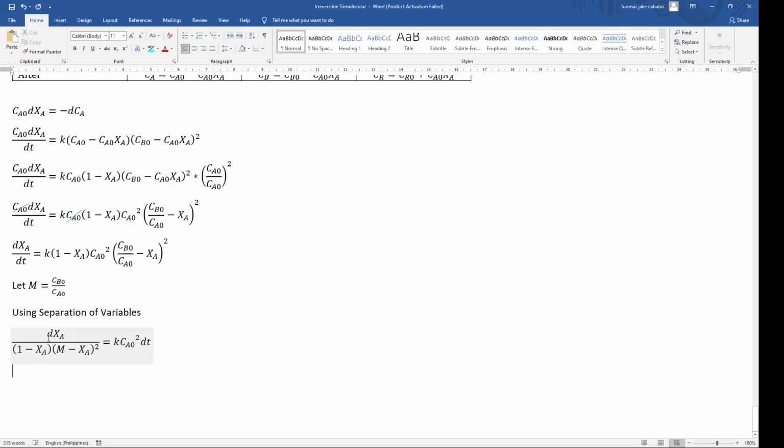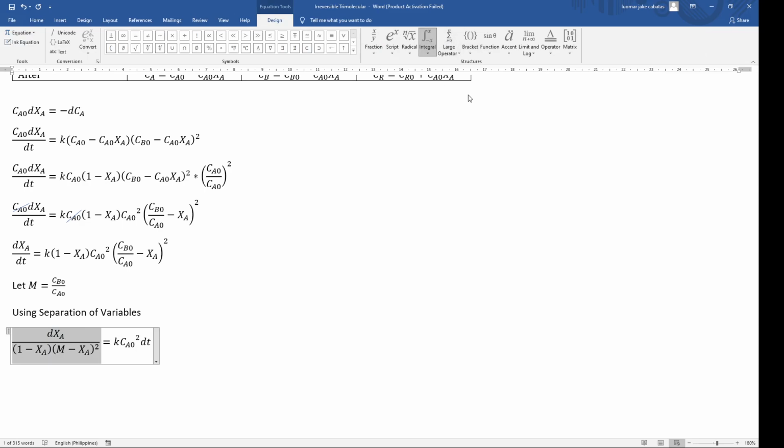And then afterwards, we do integration, 0 to t, and then 0 to XA.